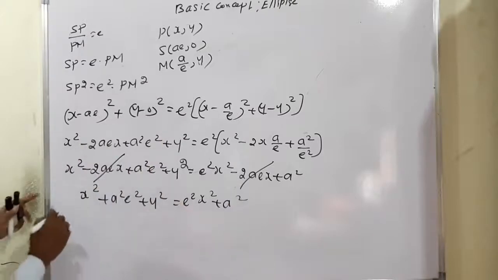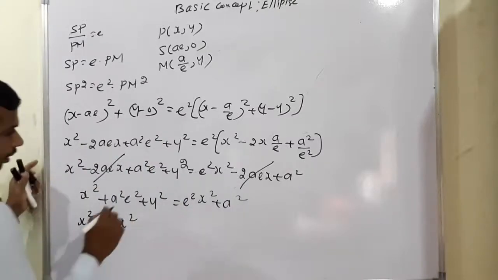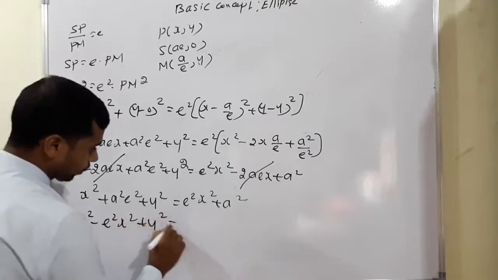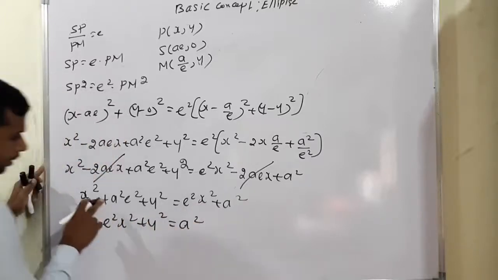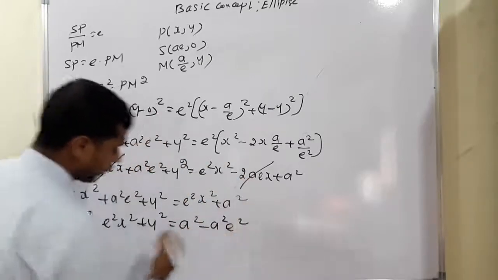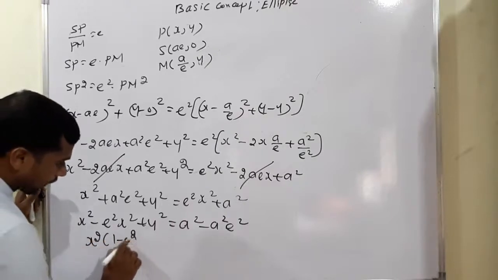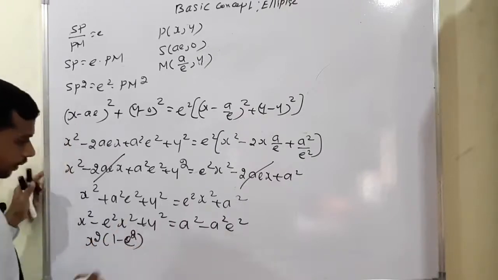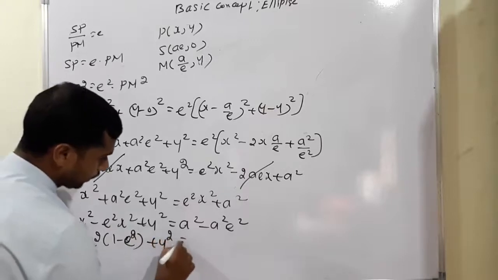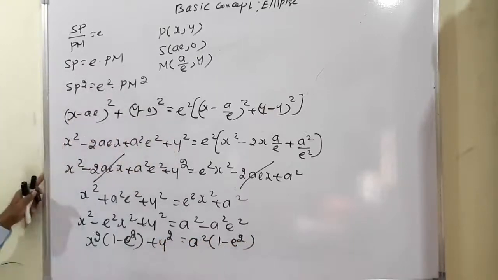Bring E square x square to the opposite side: minus E square x square, then plus y square. Right hand side A square is there, plus A square E square brought to the opposite side means negative A square E square. Again x square take common outside: 1 minus E square, plus y square is equal to, again A square take common outside: 1 minus E square.